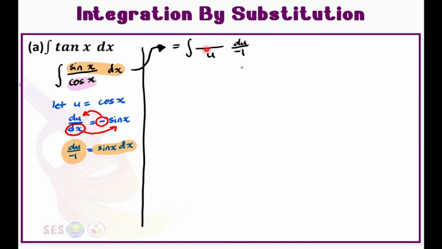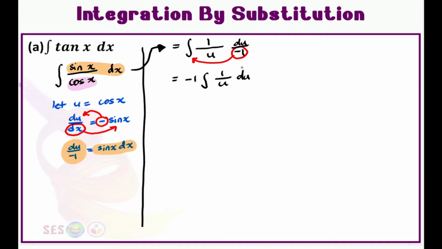What do I need to write over here at the top? Yes, just write 1. Before I integrate this, I will bring negative 1 outside the integration because negative 1 is just a constant. So negative 1 integrate 1 over u du.